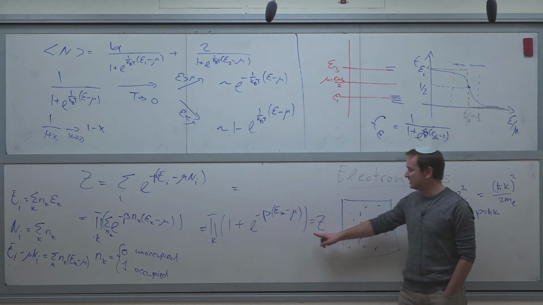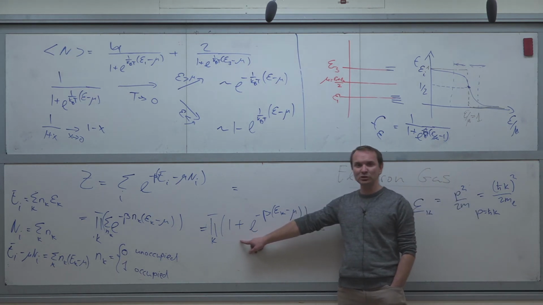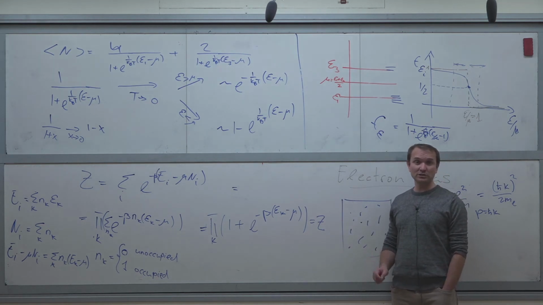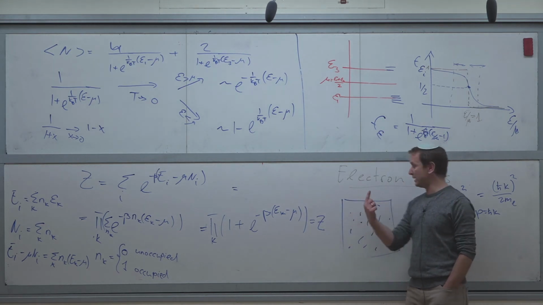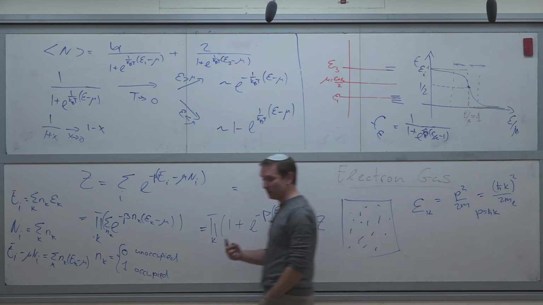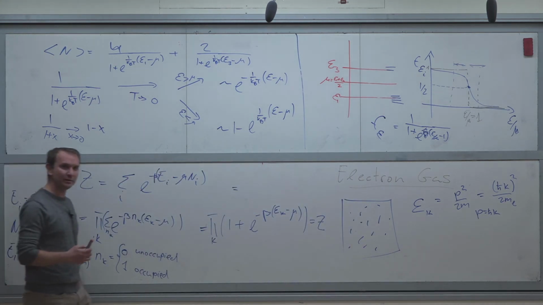So I have a Z, the total partition function, is a multiplication of many different partition functions, where each partition function is describing to me one given state with a very specific energy, okay? And if I take spin into account, what's going to happen?